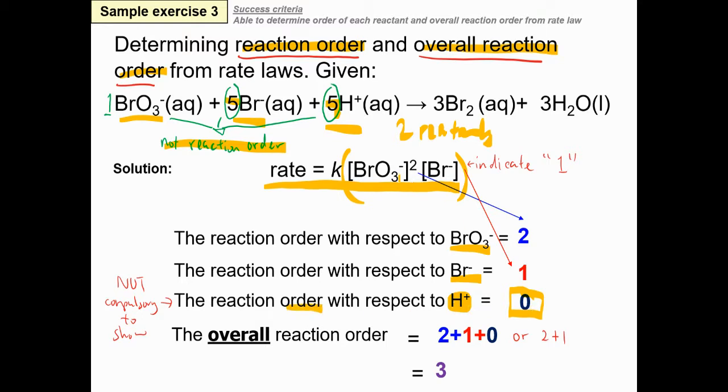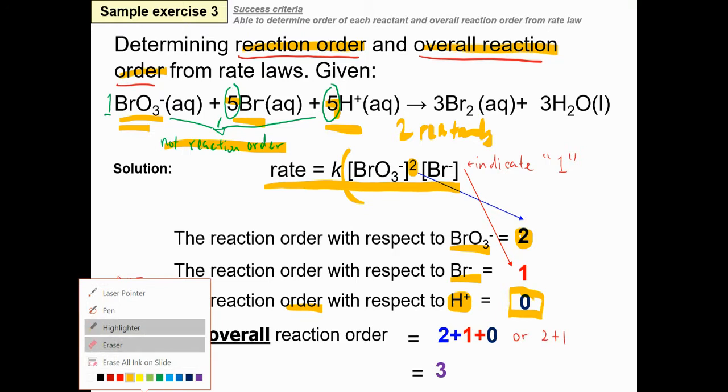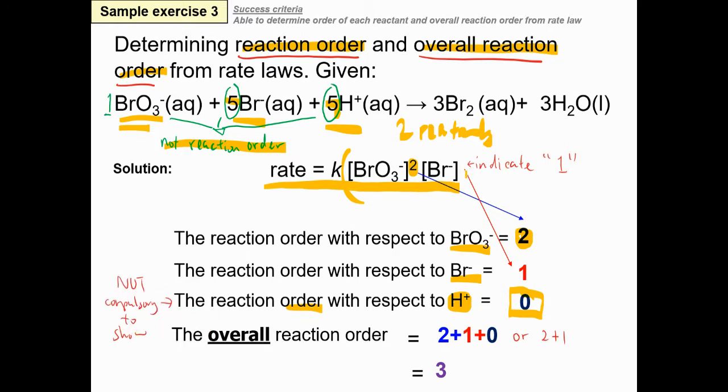Next we go back one by one. Let's go for BrO3 minus. BrO3 minus is given power 2. If it's power 2, it means the order of reaction is 2. Another one, bromide ion. There is no power indicated here.